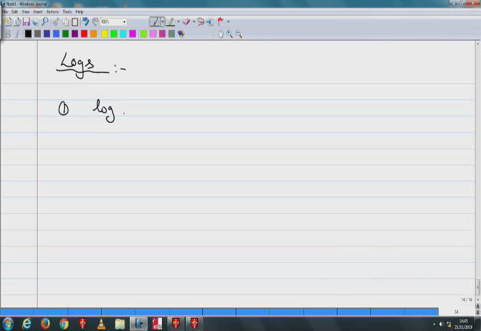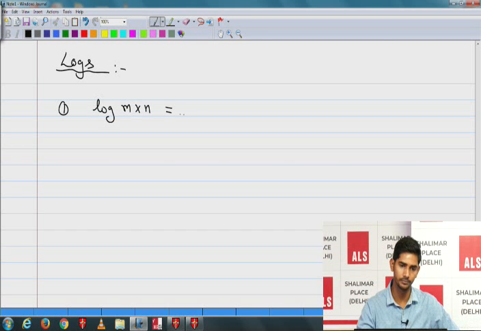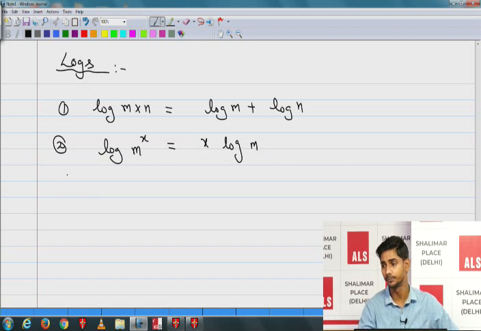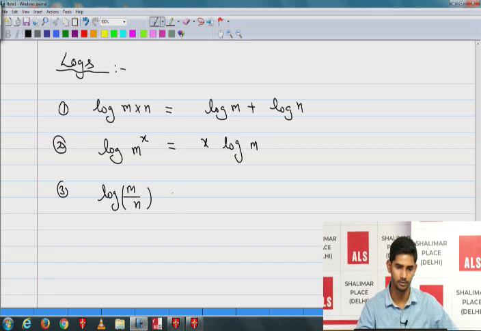So first of all, write its basic properties. Log m into n is log m plus log n. Log m to the power x is equal to x log m, means power comes before the log. Log m upon n is equal to log m minus log n.